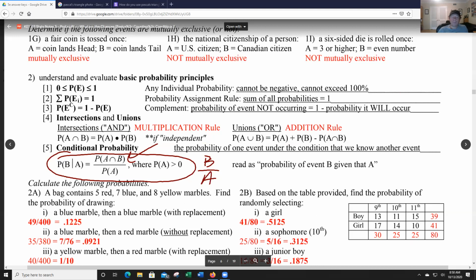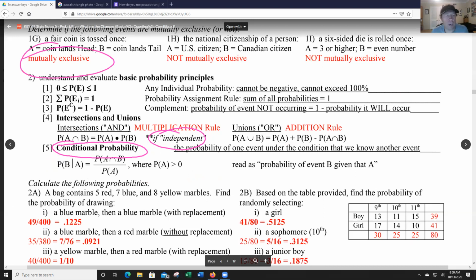So the three big things we're learning in this chapter, and I go over these words a lot, are conditional probability, independence, and mutually exclusive. Those are the big three things we're working on.